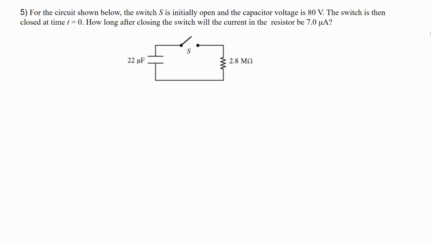Then as the capacitor discharges, its voltage goes down, and consequently the voltage across the resistor goes down, and then the current goes down. So we want to know when it reaches 70 microamps.